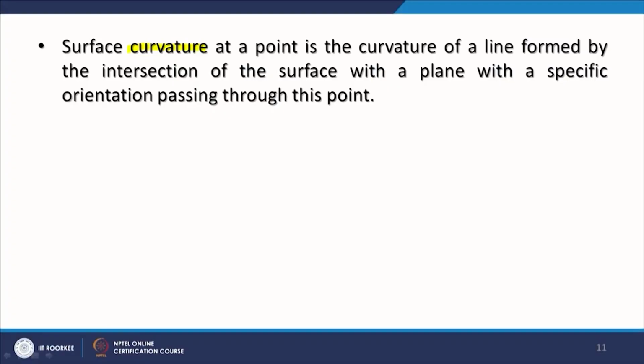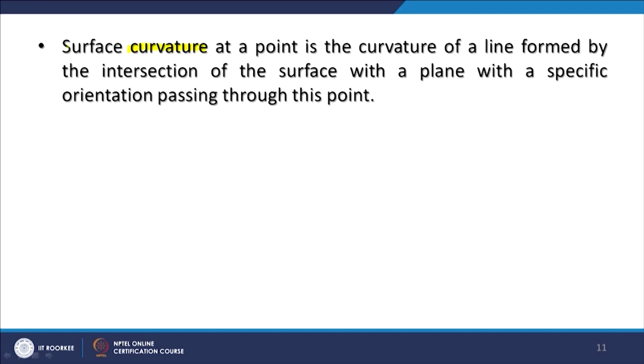Now, when we go for, instead of a plane, whether inclined or surface, when we start looking at a larger scale, that is, a zoomed part or a small area, then surface curvature also plays a very important role.